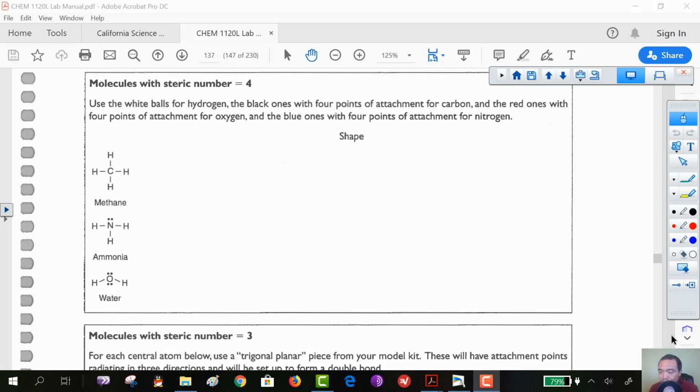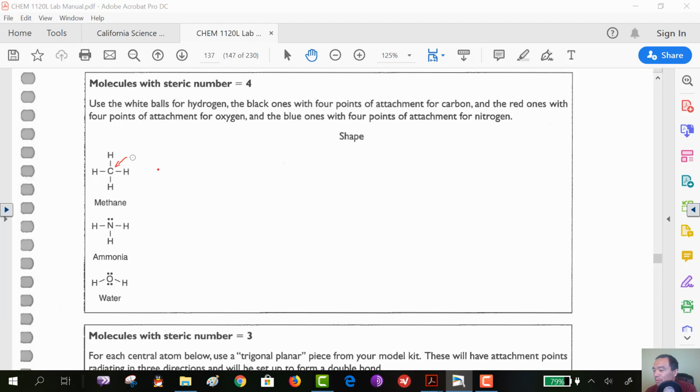Let's look at page 137 and work on a few more examples. In these examples, you're already given the correct Lewis structure, and we ask you to figure out the name of the molecular shape. Basically, look at the center atom.